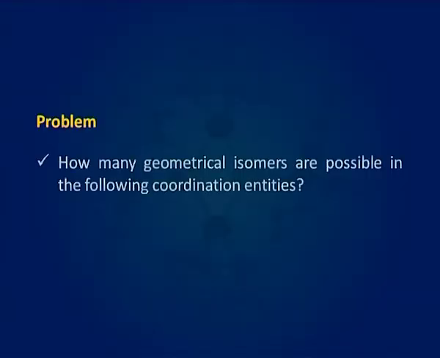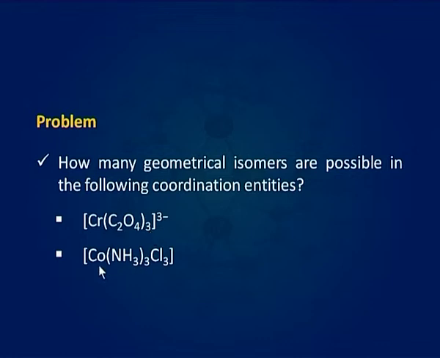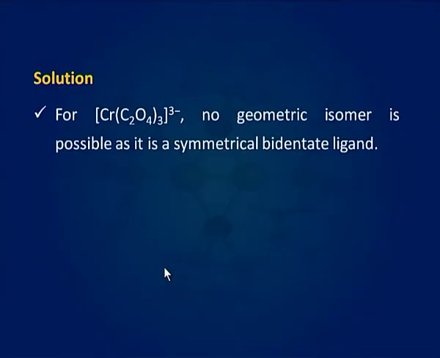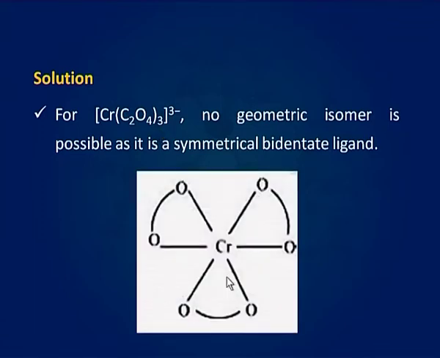Let us discuss one more problem to understand the geometrical isomerism in octahedral complexes with bidentate ligands. How many geometrical isomers are possible in the following coordination entities? [Cr(C2O4)3]3- and [Co(NH3)3Cl3]. For [Cr(C2O4)3]3-, no geometrical isomer is possible as it is a symmetrical bidentate ligand.